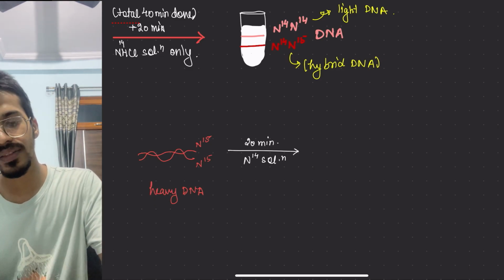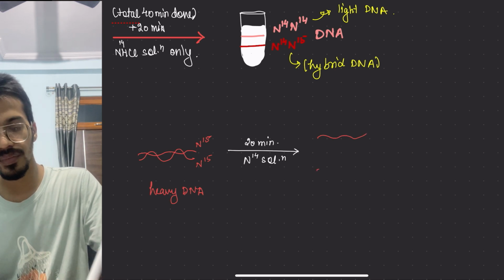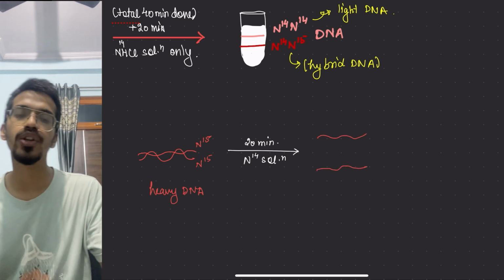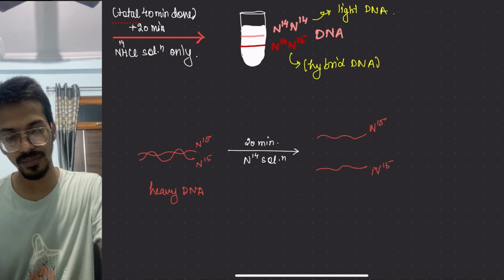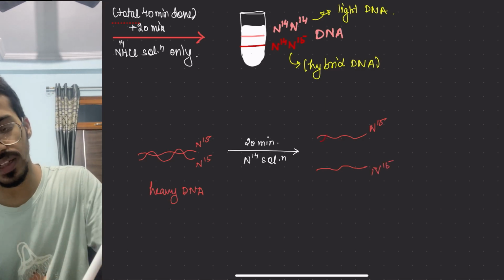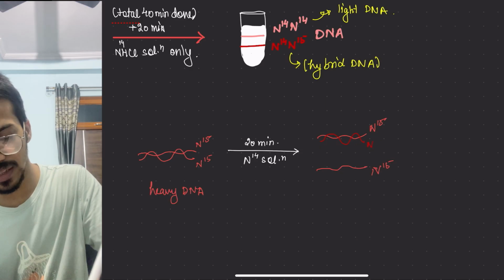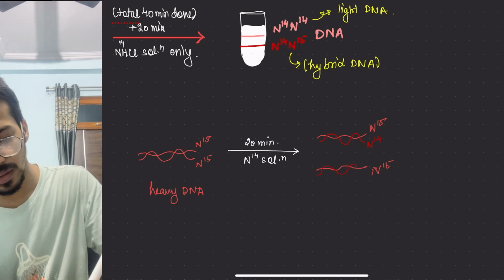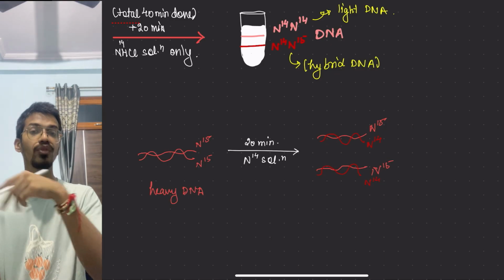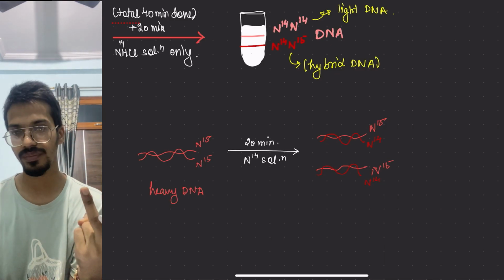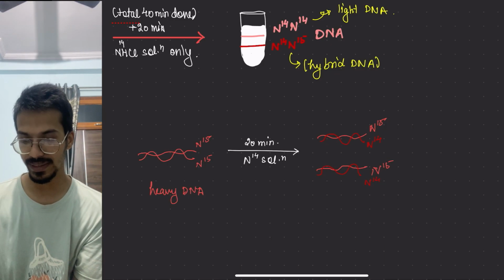There will be two DNA, because only one DNA molecule is there. So it will be N15, N15, and with this N15 comes the N14. One DNA will make two DNA. The increment is like that.